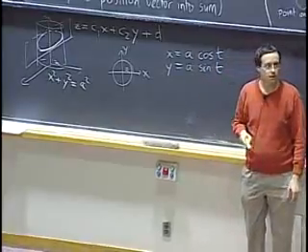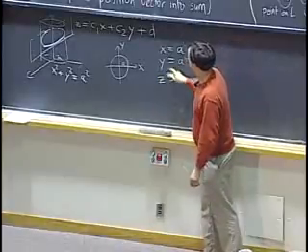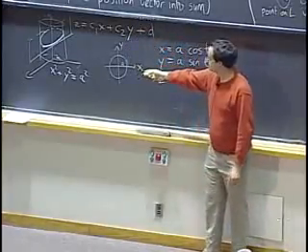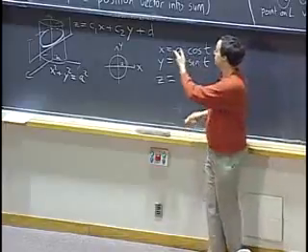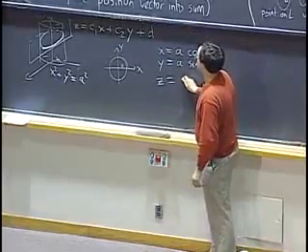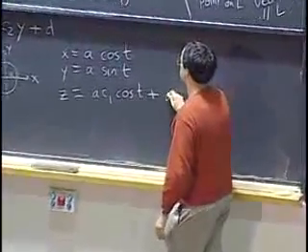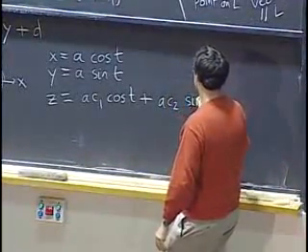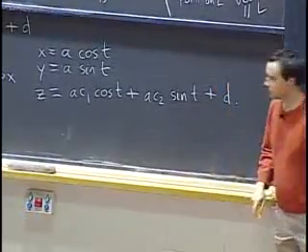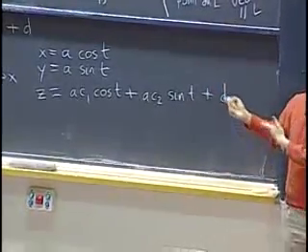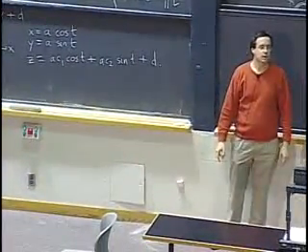Okay? And then z would end up being whatever the value of z is on the slanted plane above the given xy position. So in fact, it would end up being a c1 cosine t plus a c2 sine t plus d, I guess. Okay, that's not a particularly elegant parameterization, but that's the kind of thing you might end up with.